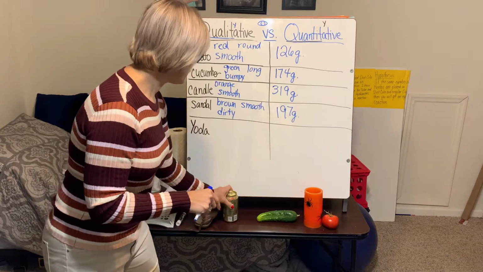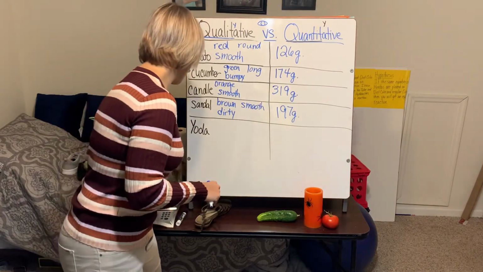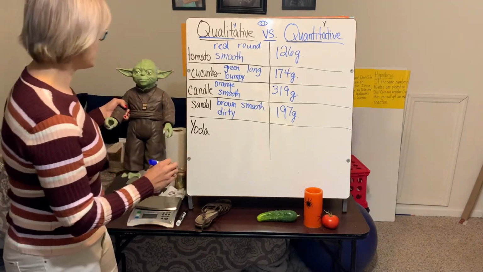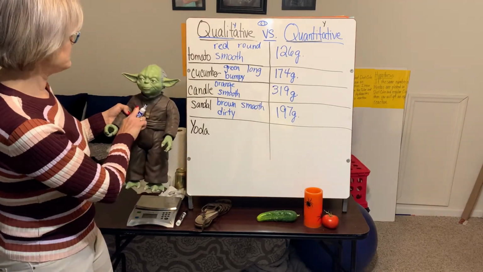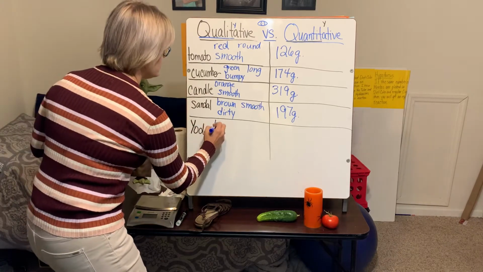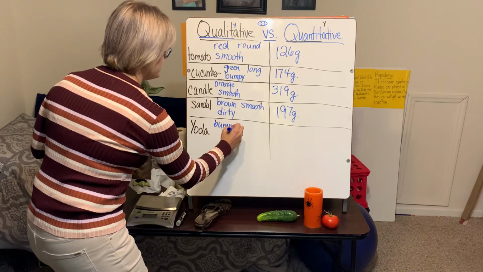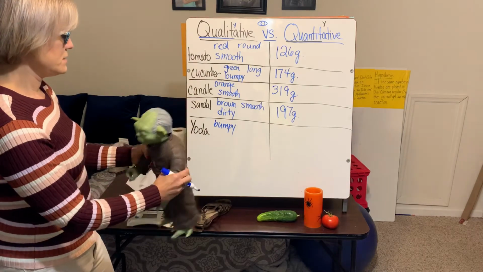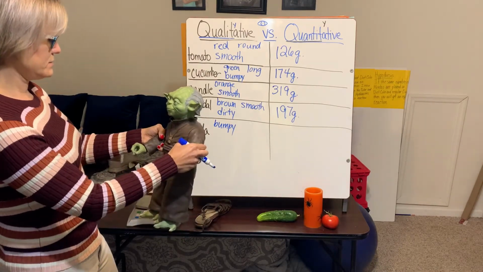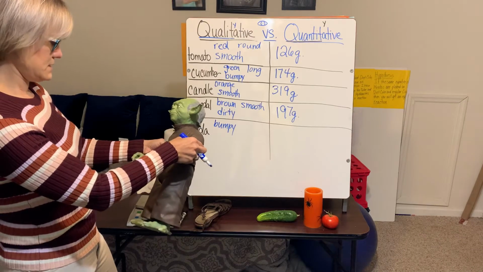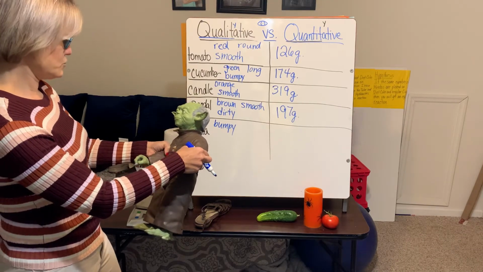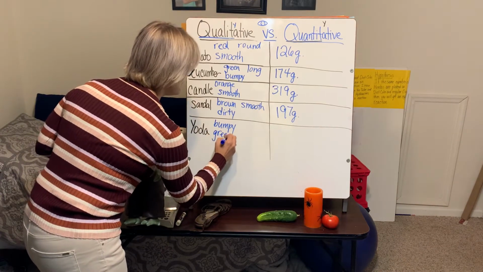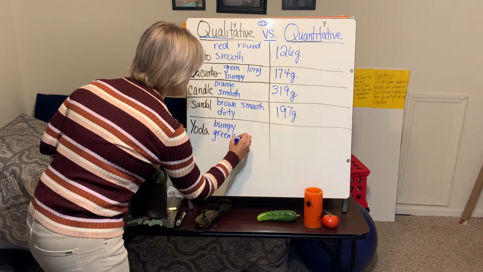All right, so I'm not going to do the Diet Coke can. I decided to do Yoda. So Yoda is, let's see, he's bumpy. Let's see, what else could I say about Yoda? Yoda is, let's see, he is green. I'll say green and brown.